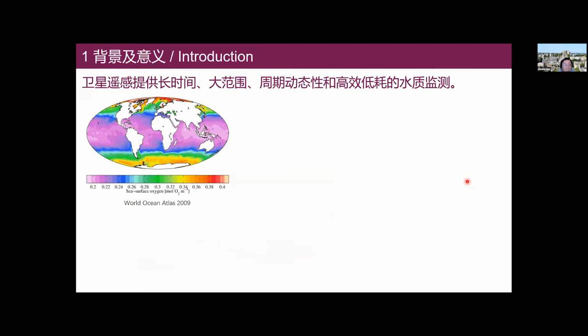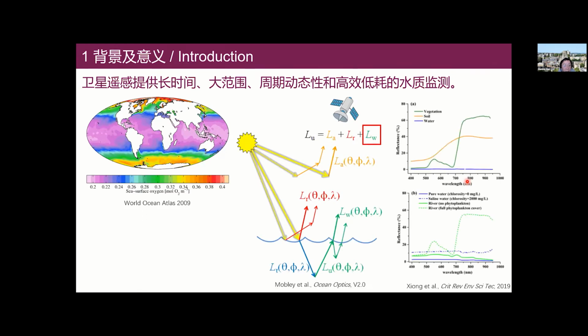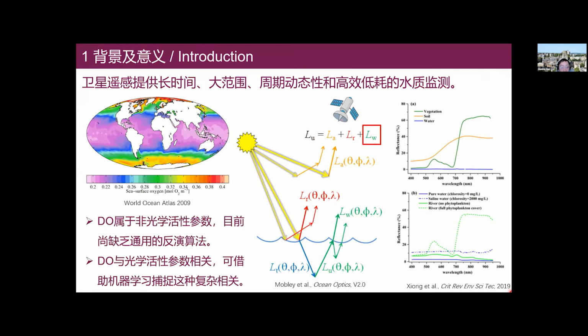Remote sensing has been an important means of water quality monitoring, for it provides full coverage, periodic, and dynamic monitoring. Water quality monitoring by remote sensing is based on the fact that the water quality parameters impact the remote sensing reflectance captured by the satellite sensors. However, since DO is a non-optically active parameter, research on the retrieval of DO by remote sensing is fairly limited.